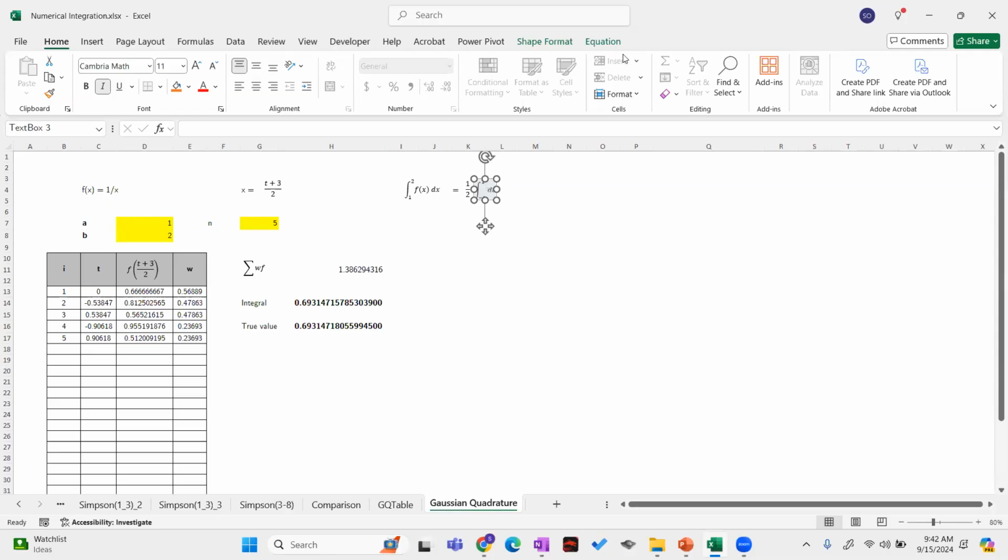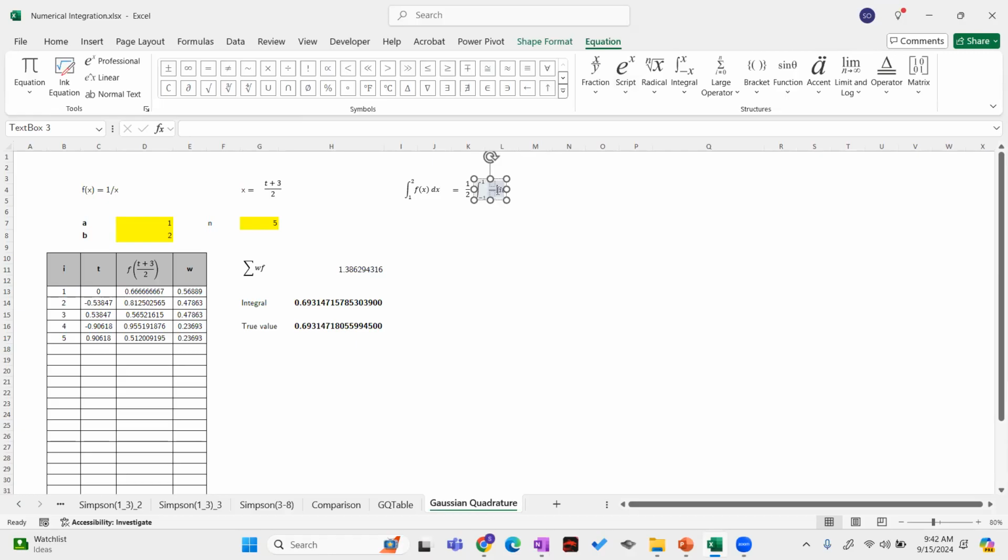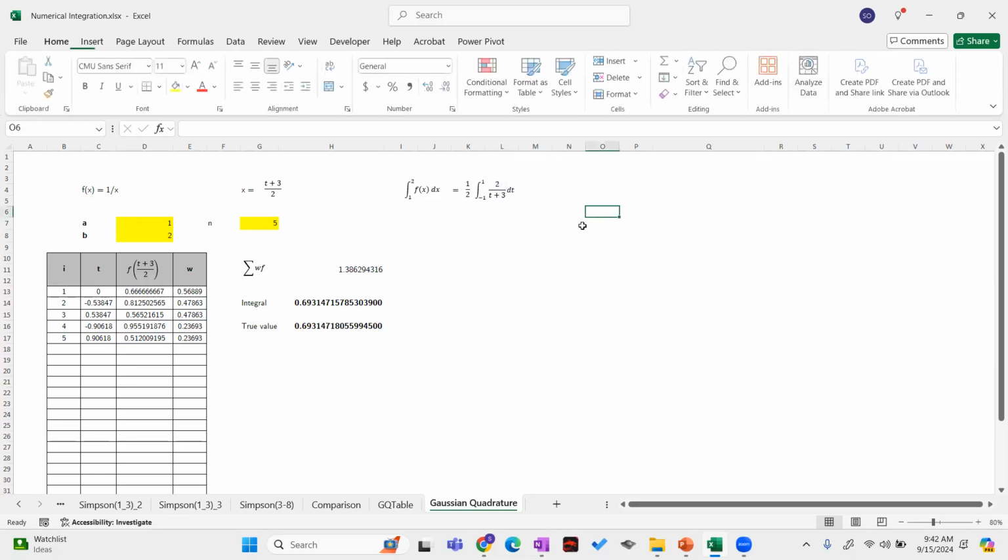Give me one moment. So 2 by t plus 3, right? This is what we are trying to do. Okay. Now let's focus on this part and we'll just multiply by half at the end.